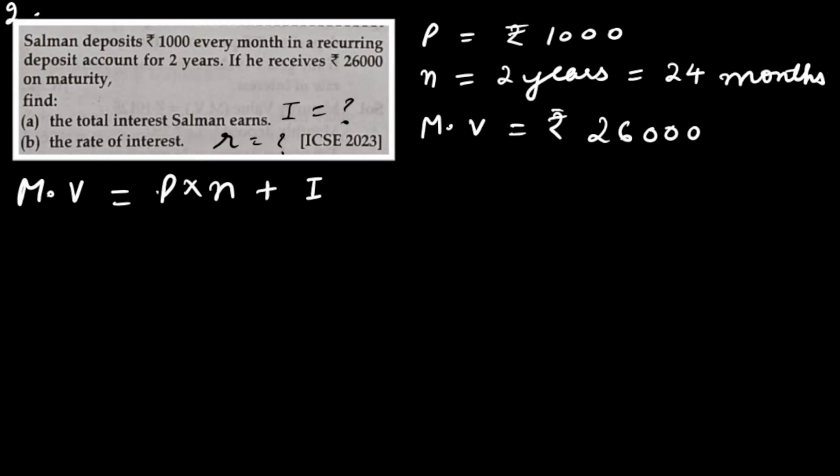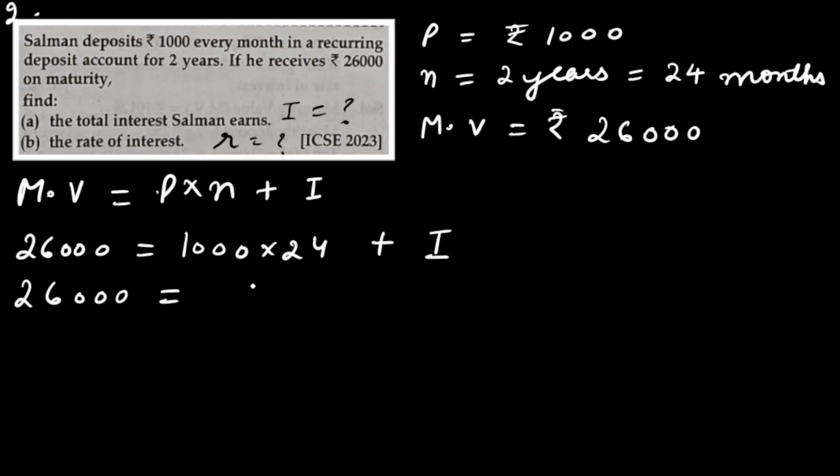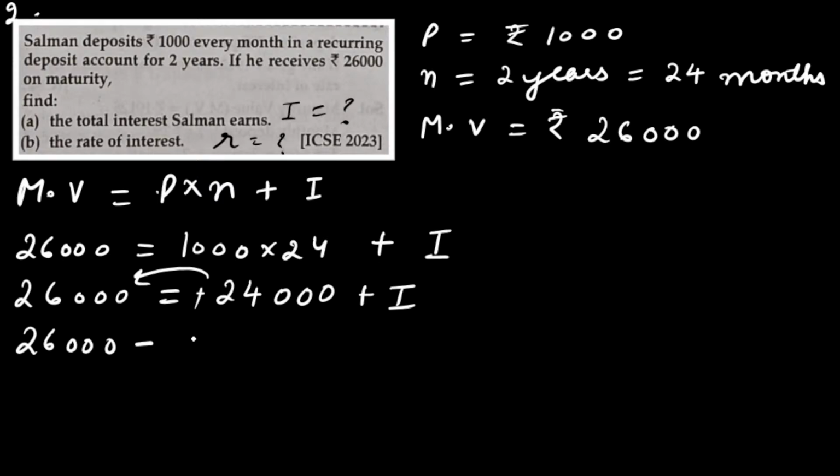Yes, so we'll just substitute now. MV is given to us as 26,000. P's value is given to us as 1,000. N's value is given to us as 24, plus I. I we have to find. So 26,000 is equals to 24 into 1000, which is 24,000, plus I. So let's shift 24,000 to the other side because we have to find I. When we shift it to the other side, here it's getting added, it's a positive number, so it will get subtracted.